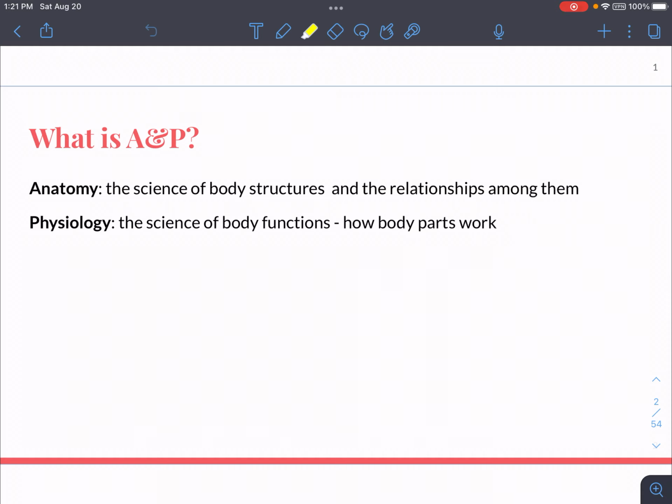Physiology is the science of body functions. So how does the body work? Like when you eat something, how do you taste something? Or as you breathe in and out, the oxygen that we breathe in, how does that work in our body?